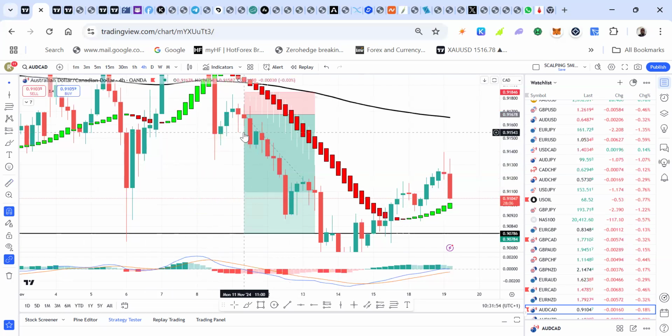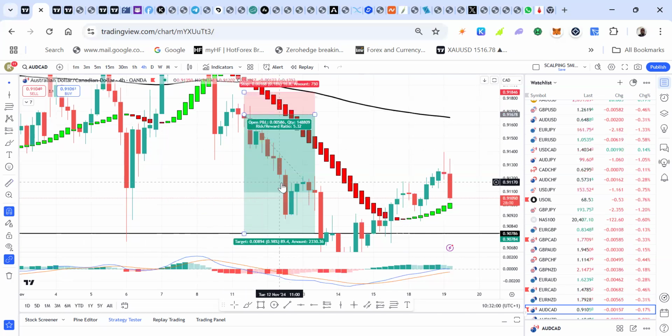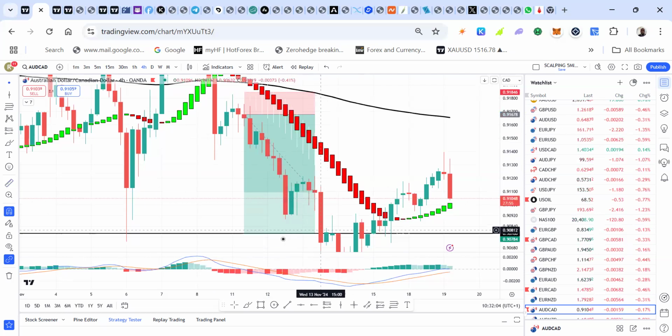And this 90 pips happened in how many days? 1, 2, 3, 4, 5, 6, 7, 8, 9, 10, 11, 12, 13, 14. It happens in 14 candles. So 6 is 1 day, so 12 will be 2 days. That's about 2.5 days.